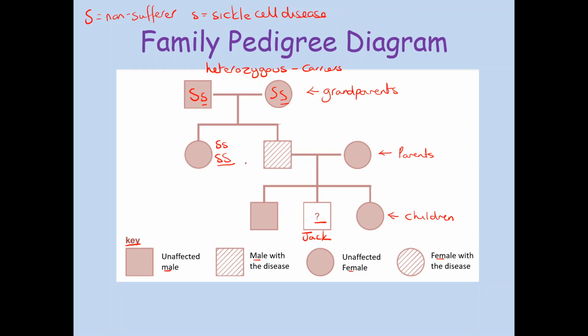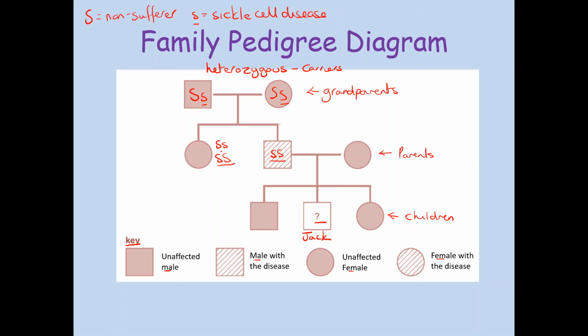So it could be either of those. This one, however, their son has to have the disease. Now, sickle cell disease is carried by a recessive allele. Now, you'll remember that if it's caused by a recessive allele, you have to have two lowercase s's for them to have it. So this is going to be the genotype of this one here.